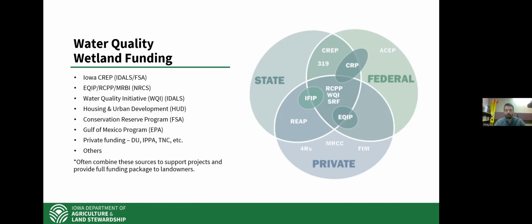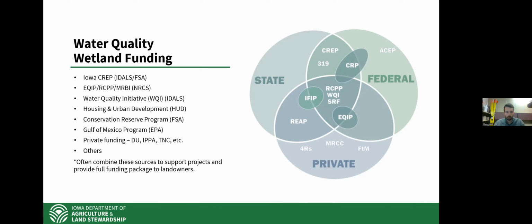It's not necessarily important to understand the details of these programs for this discussion, but just to understand that that's one of our roles, is to work with these landowners, work with the farmers, and kind of in the background try to understand, okay, what different programs fit to help offset construction costs and easement costs for these projects.